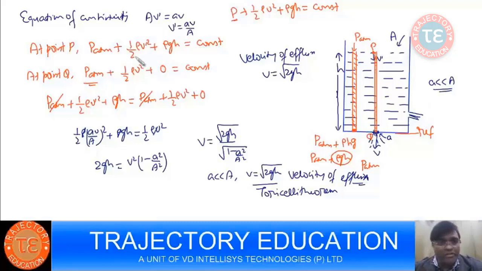let me find out, say I take point P, which remains the same. Let's take point P at this point, and let's take Q at this point. This will hold still, and water is coming out from this point.